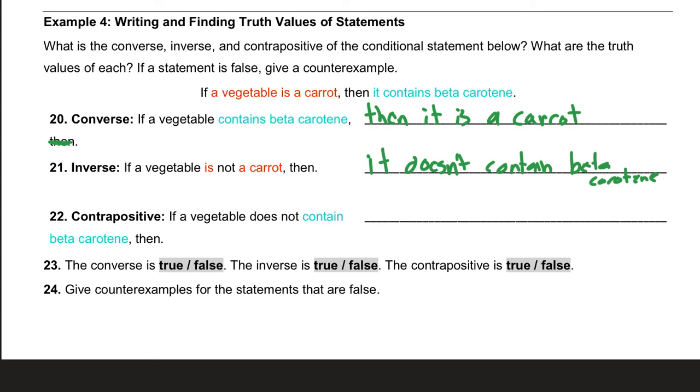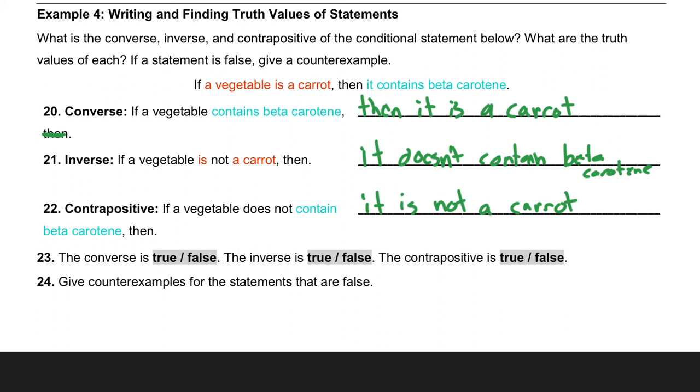And then the last one, swaps and negates. So it says if a vegetable does not contain beta-carotene, then it is not a carrot. Okay? So I will kind of help you. You don't have to know a lot about carrots so we can evaluate this.